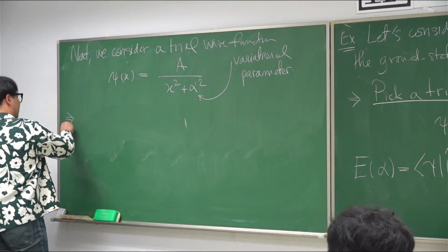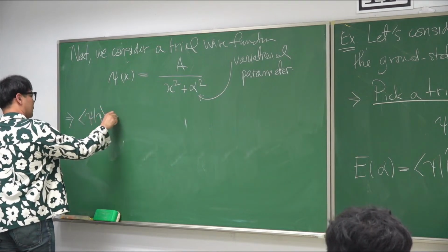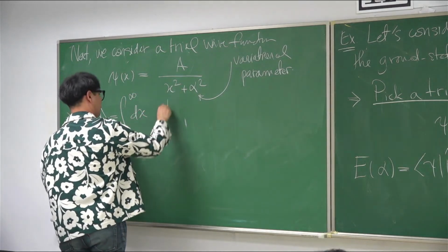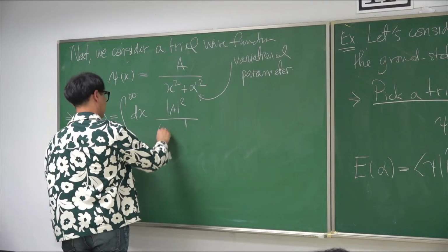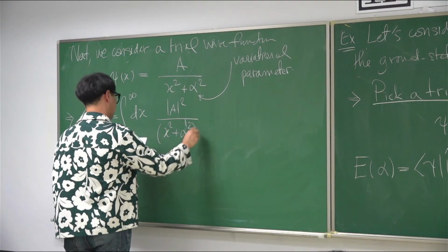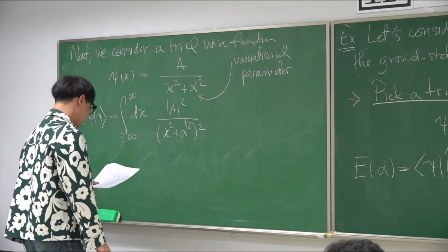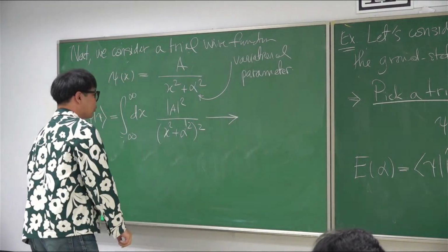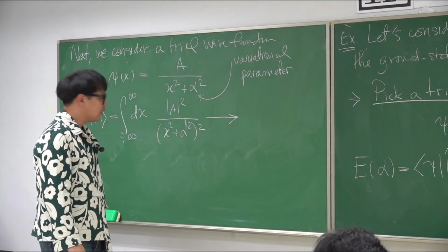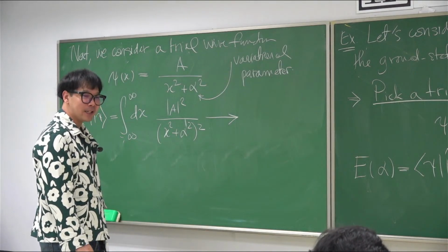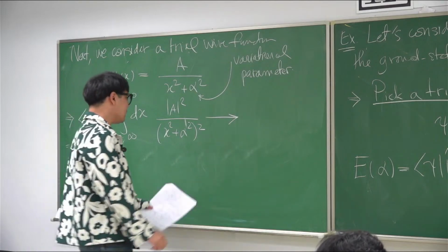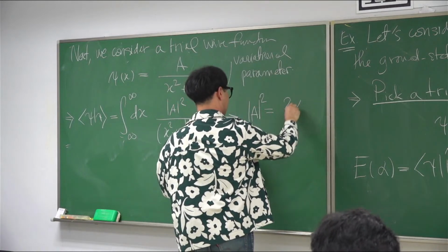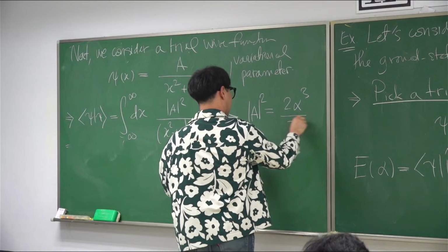Right. If you compute this, you're going to have this one. And so after you do a trick of changing variable to a trigonometric one, and then you do the integration, you do find out that this is going to give you pi.